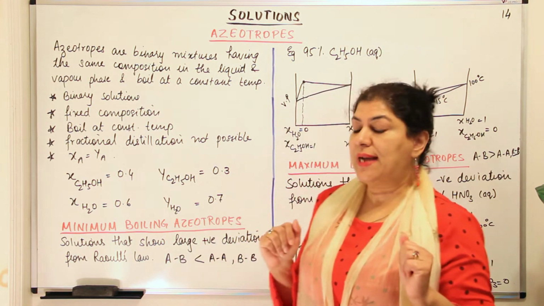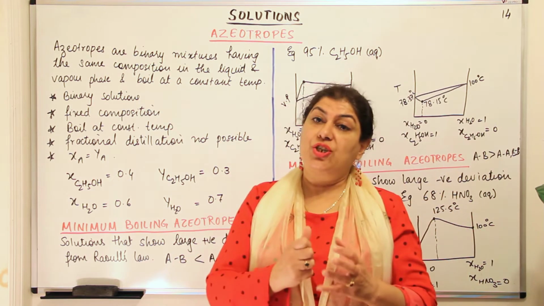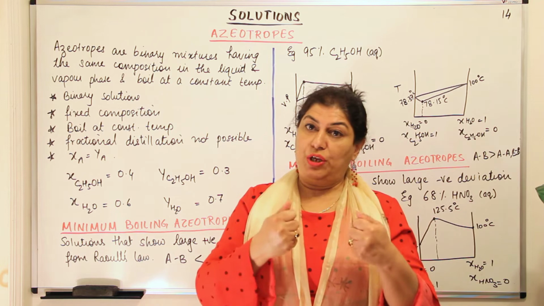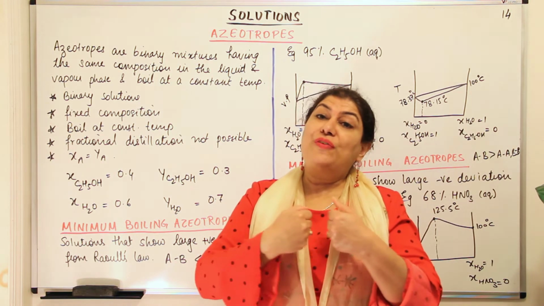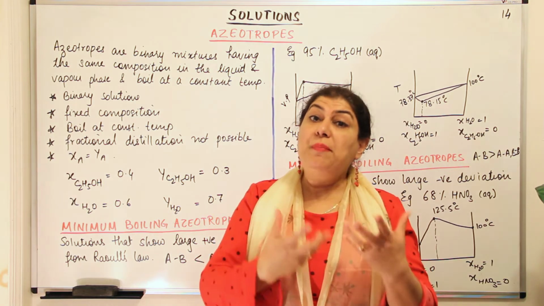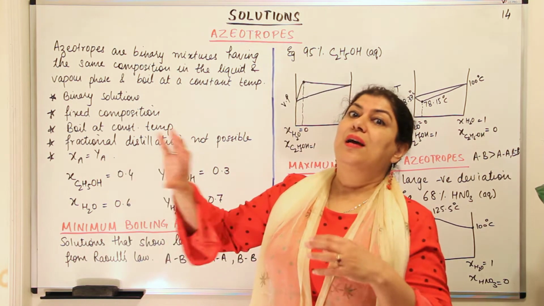And the reason for that, I had explained, is that the forces of attraction between the dissimilar molecules, that is the molecules of the solute and solvent, may be different from the forces of attraction of the constituent particles among themselves.